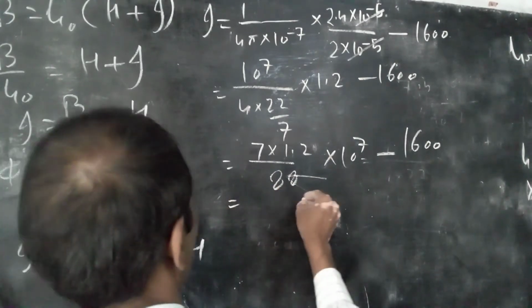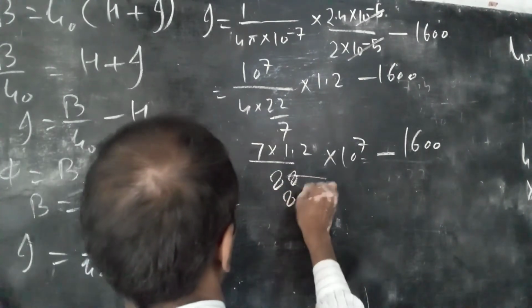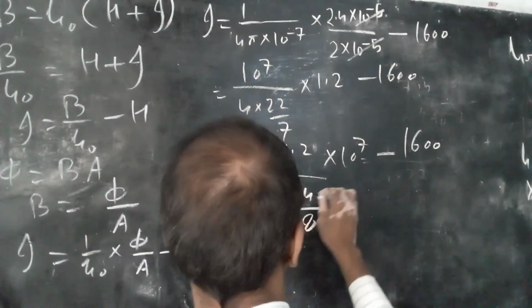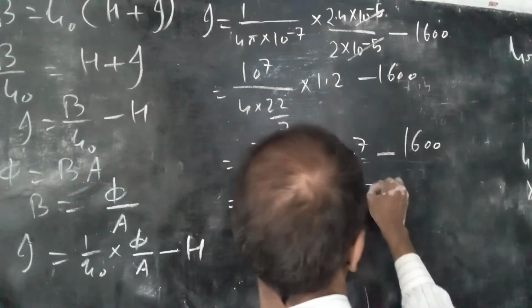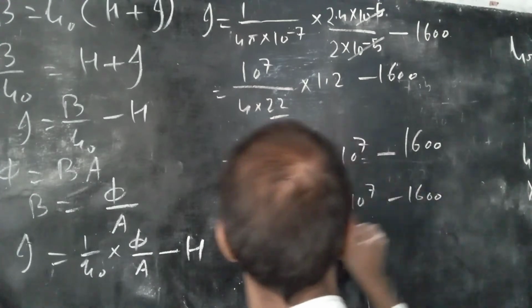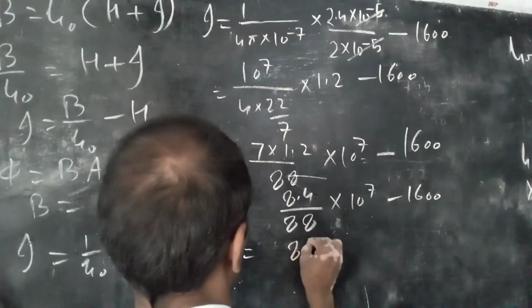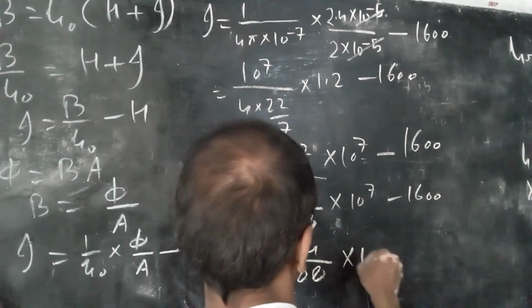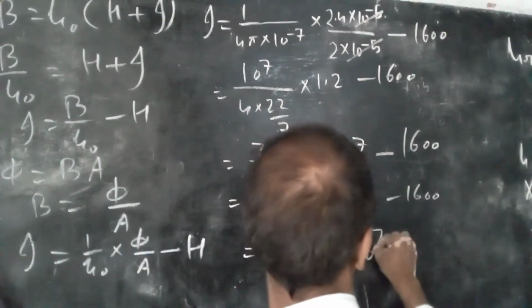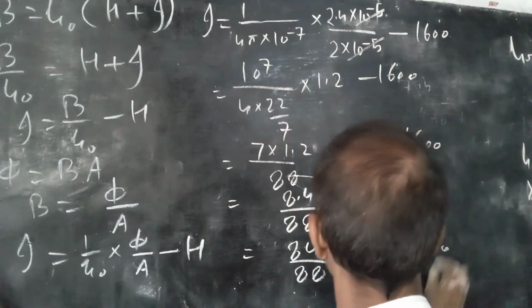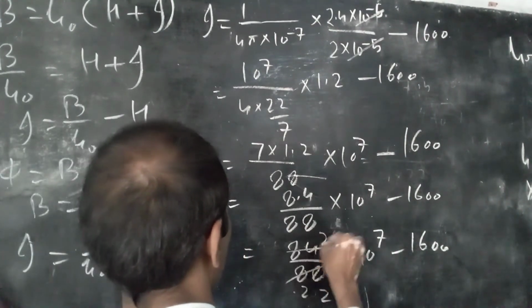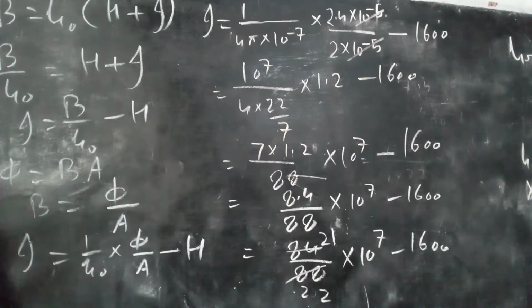You get 8.4 upon 88 into 10 raised power 7 minus 1600. So 84 upon 88, so 21 upon 22.